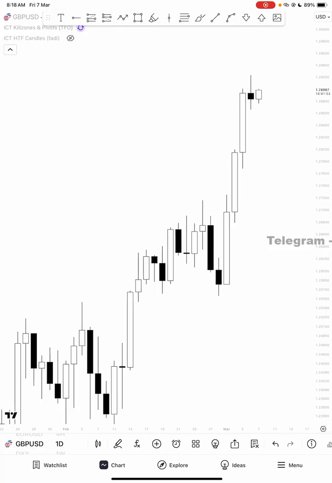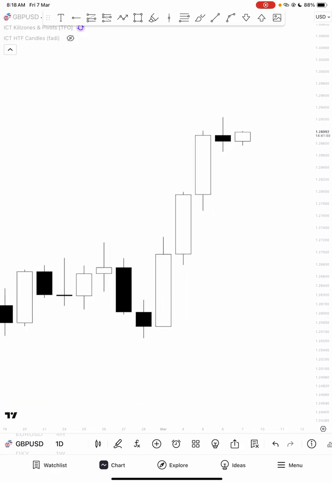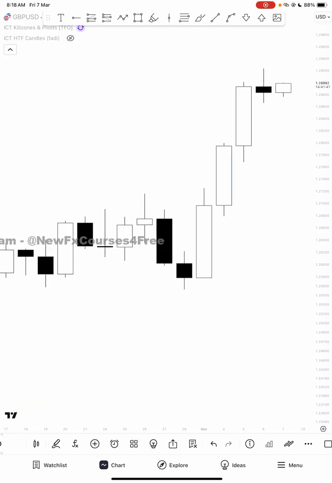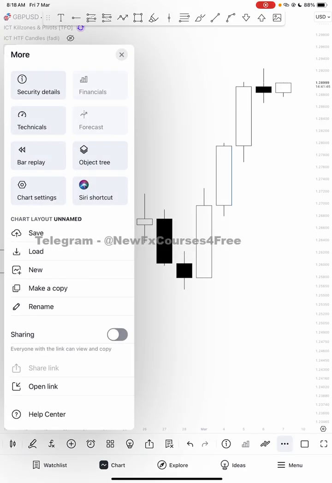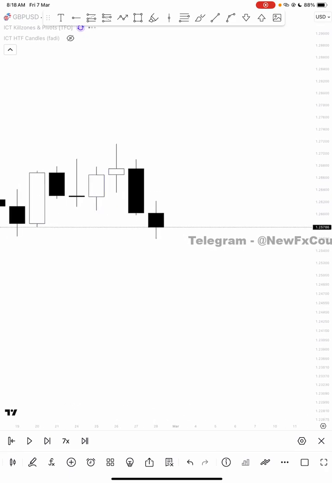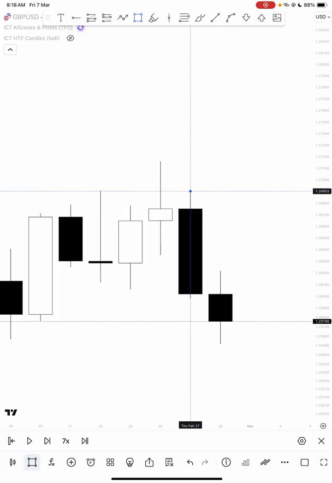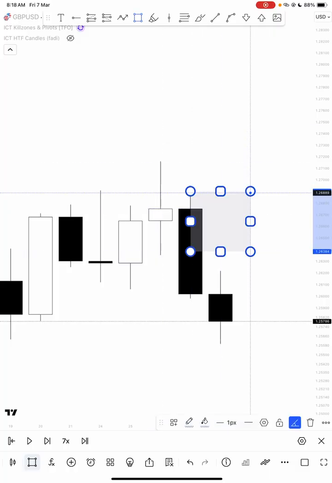So over here on the daily time frame, let me use this side of the chart. So here you got your opening price of the daily candle.